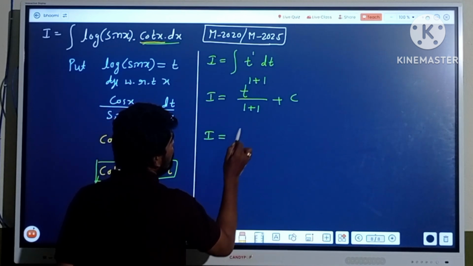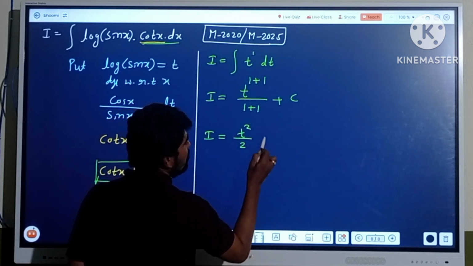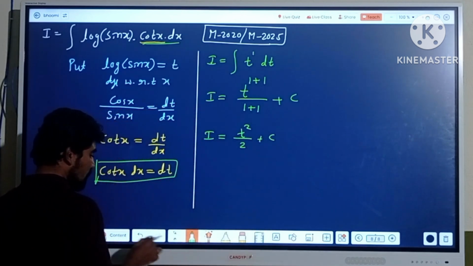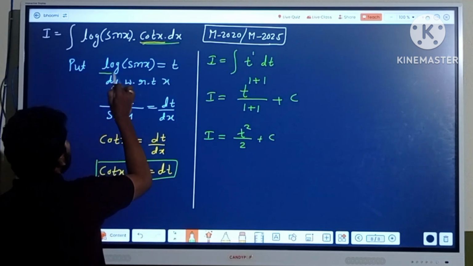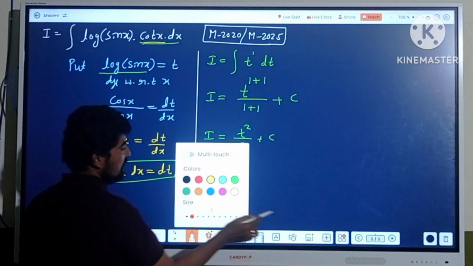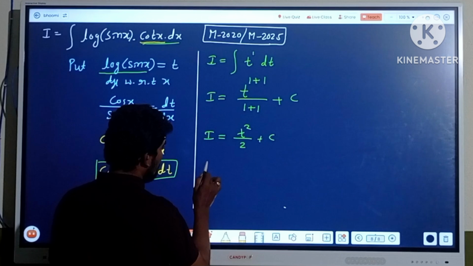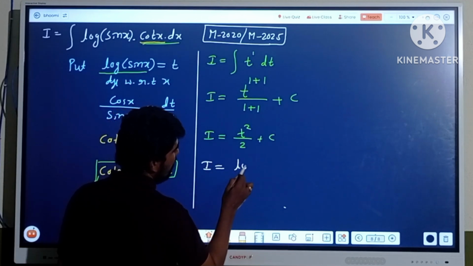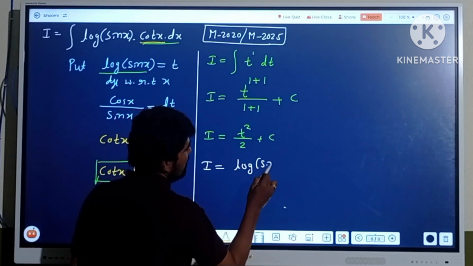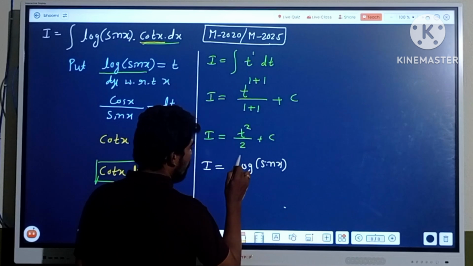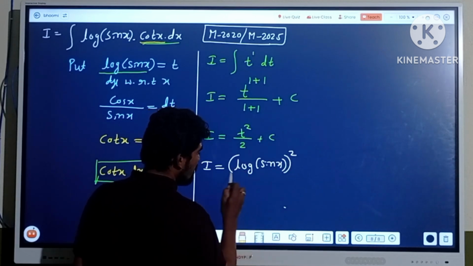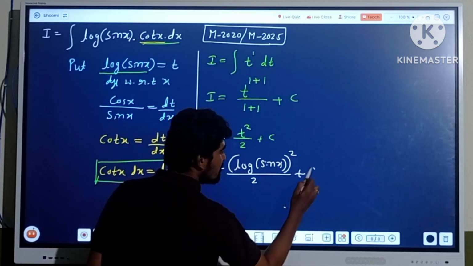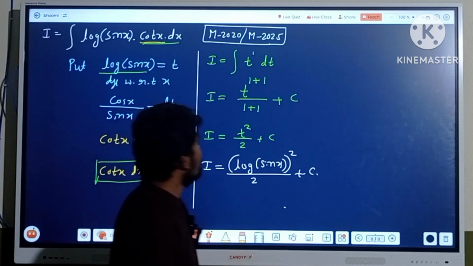Therefore, I is equal to t square divided by 2 plus c. Again, we need to replace t by log sin x. Therefore, I is equal to log sin x whole power 2 divided by 2 plus c. I hope all of you understood.